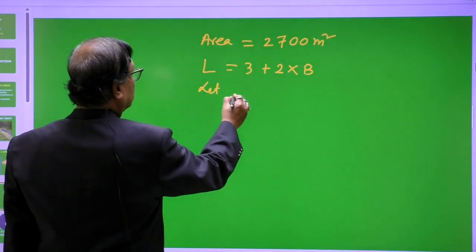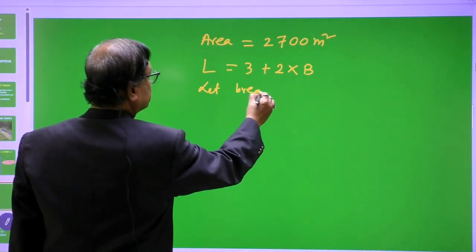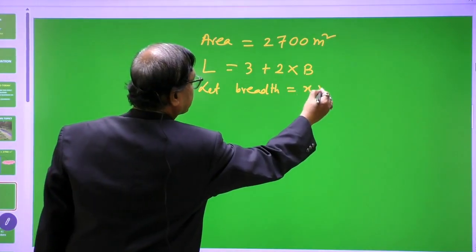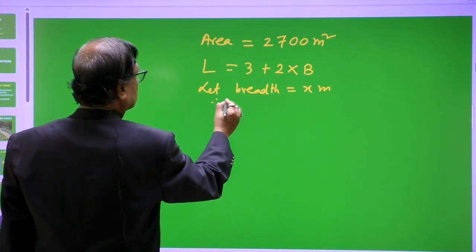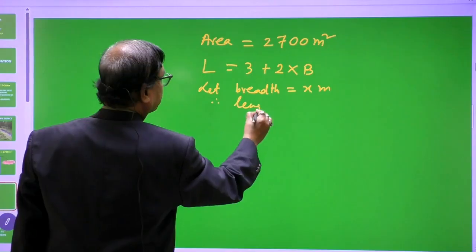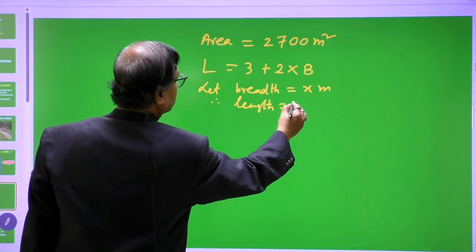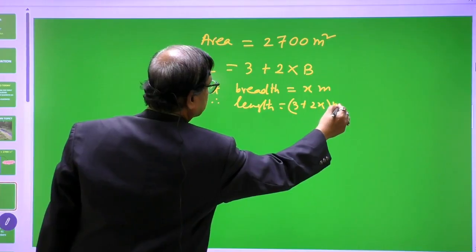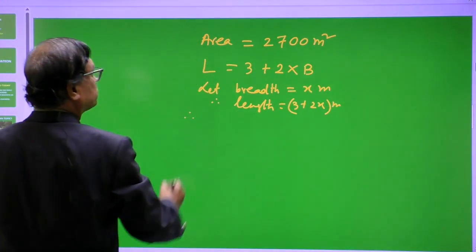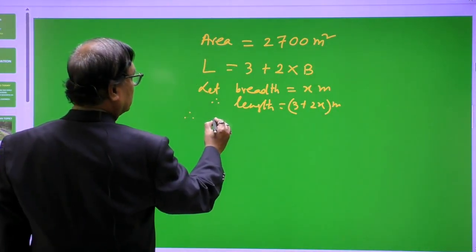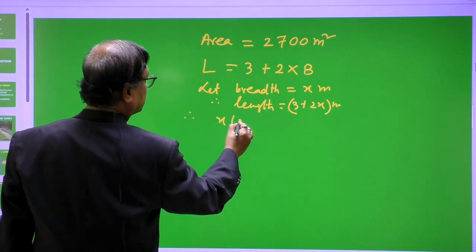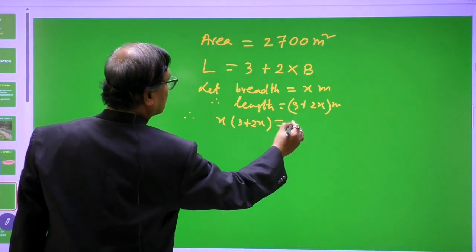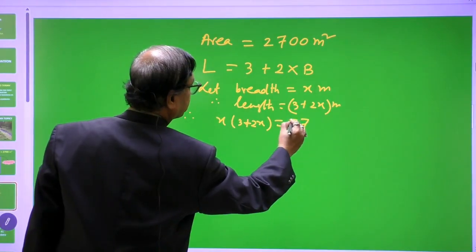Let the breadth equal x meter. Therefore the length is 3 plus 2x meter. Therefore, x into (3 plus 2x) equals 2700.